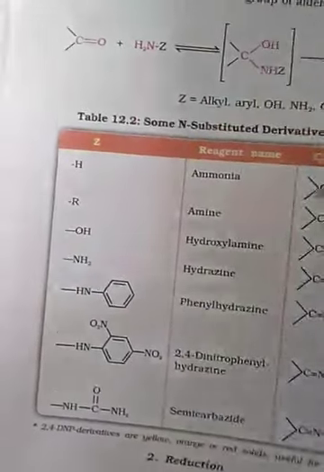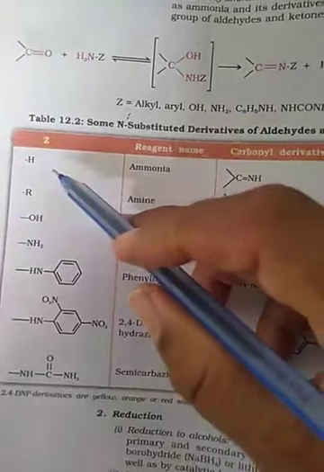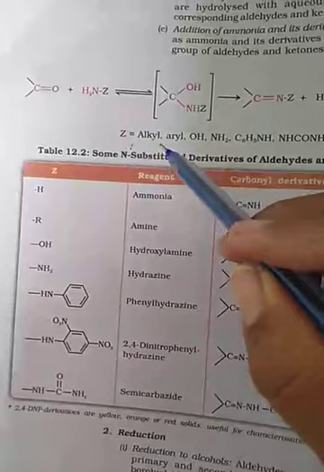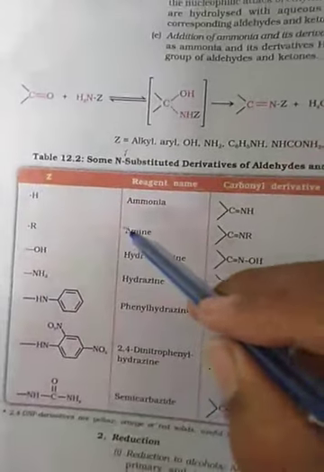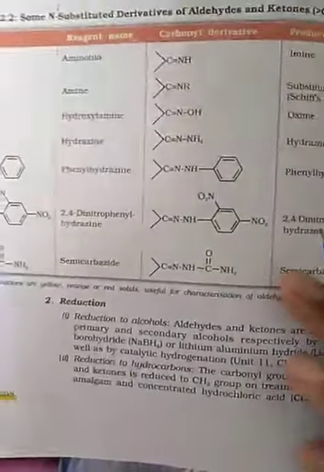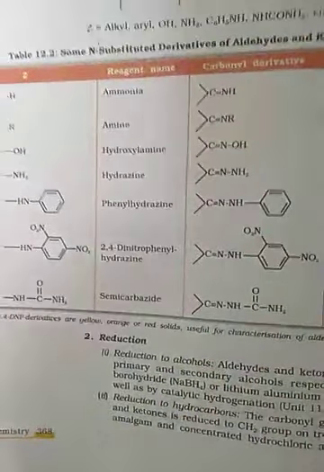Z means this one which I showed you here. Reagent name: ammonia. If I am adding H, NH3 means ammonia, you are getting this product. If you are adding alkyl, R, you get an amine. So different categories you are getting by this method. So again we will do the reduction, second reaction, in the next lecture.